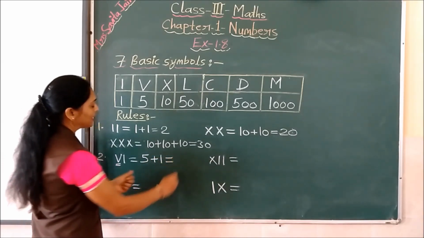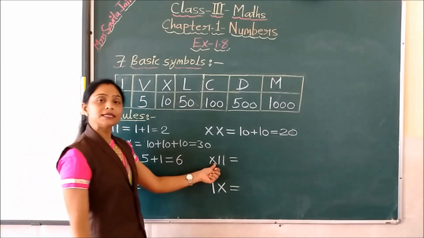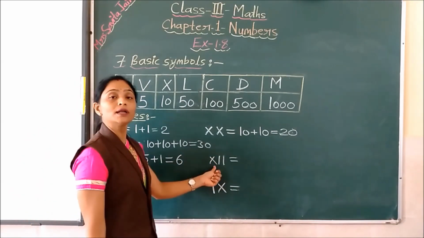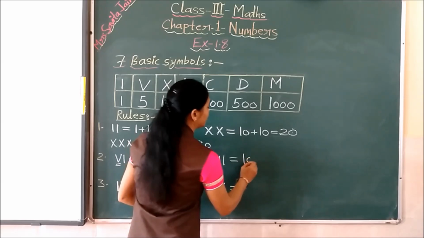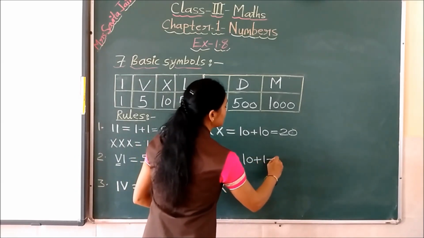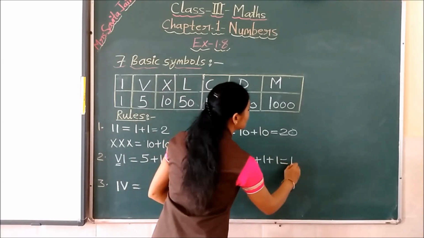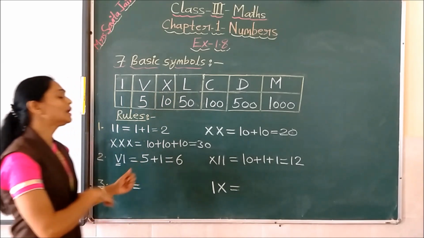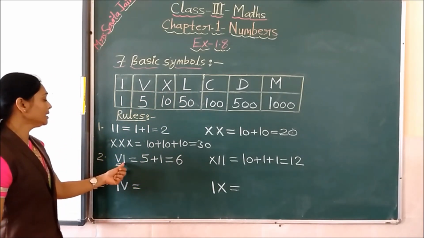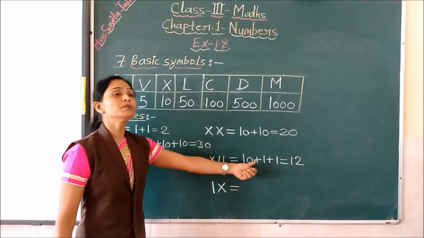Means 5 plus 1, 6. Same way you may understand this one also. This is equal to 10. So we will write here 10. Then I means 1 plus 1 means 10 plus 1, 11 plus 1, 12. So like this, if you are repeating any number also after a big symbol, then also you may add.